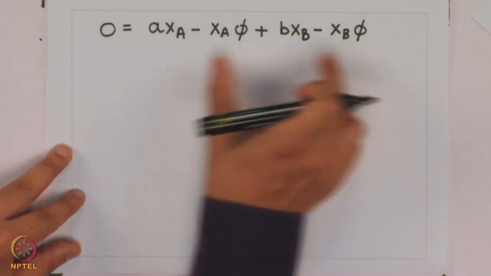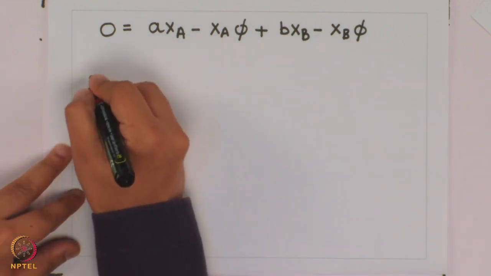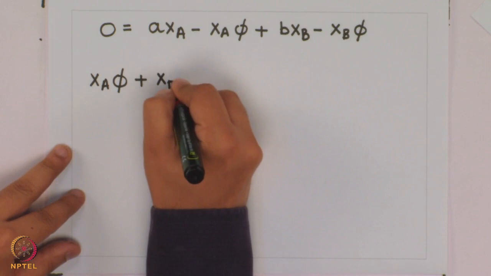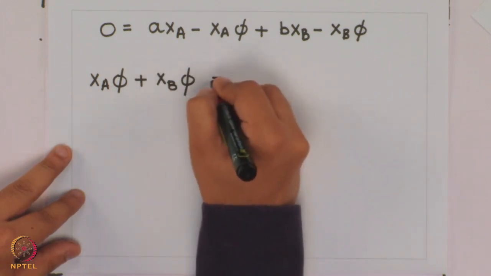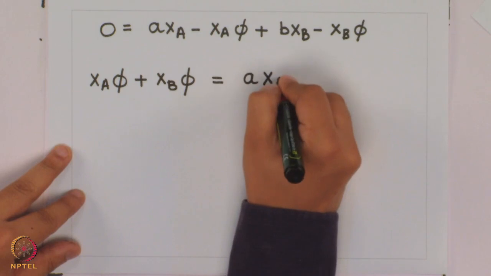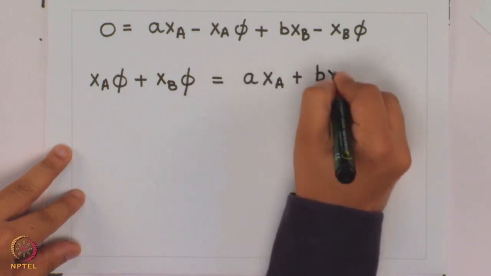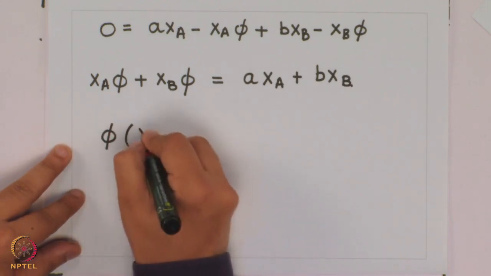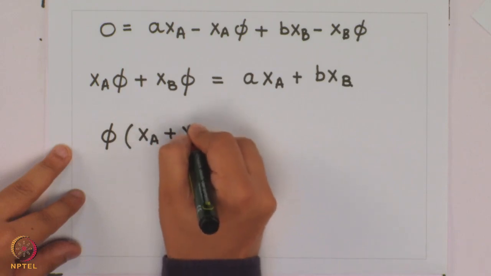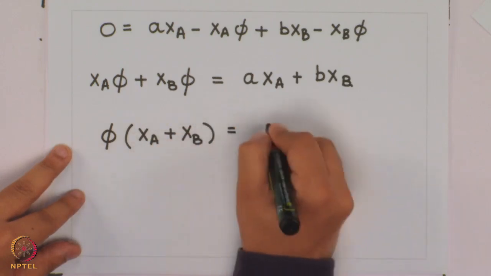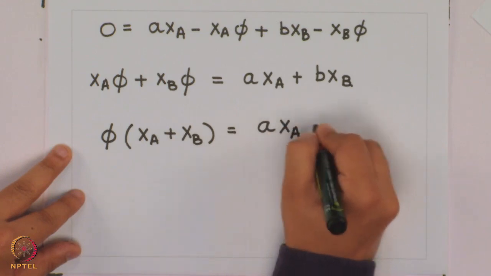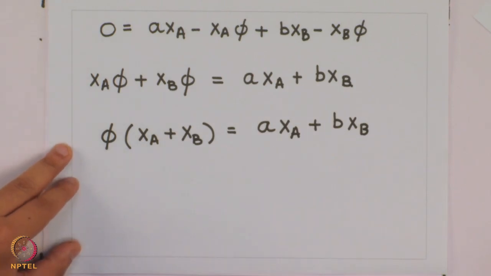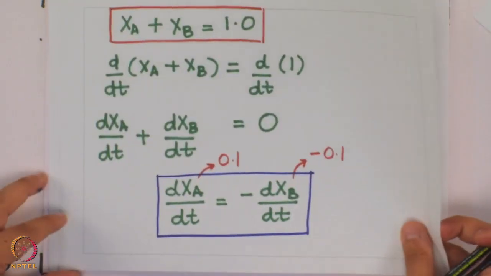I will take the phi terms over to the left hand side, and that gives me xa times phi plus xb times phi equals a xa plus b xb. And this can be rewritten, taking phi common, as phi times xa plus xb equals a xa plus b xb.